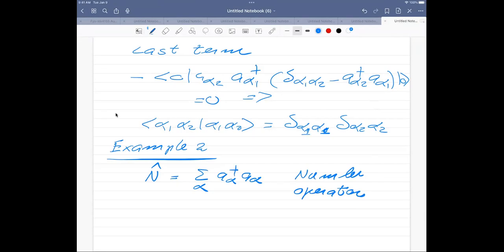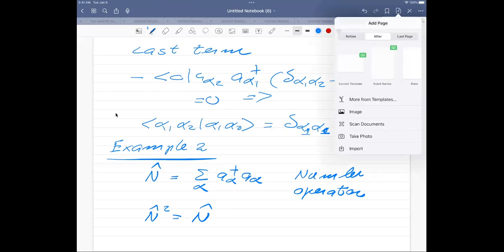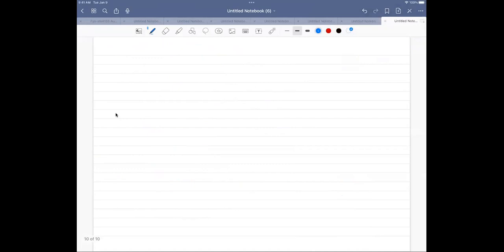One thing which is important to note as well is that this operator is actually idempotent, so that means that it's equal to itself squared. We are going to look at an example here pretty soon, but let's look at some basic operations with this operator. So what happens when I take one of these terms, A alpha dagger A alpha, and it acts on a specific state up to alpha n.